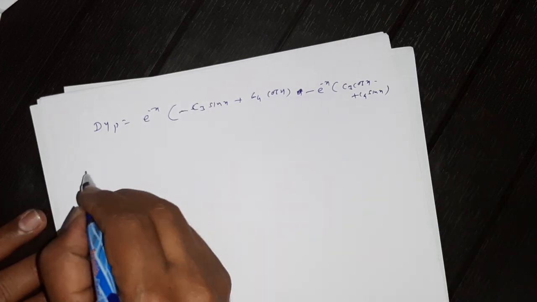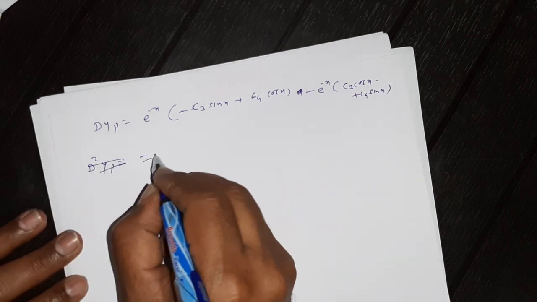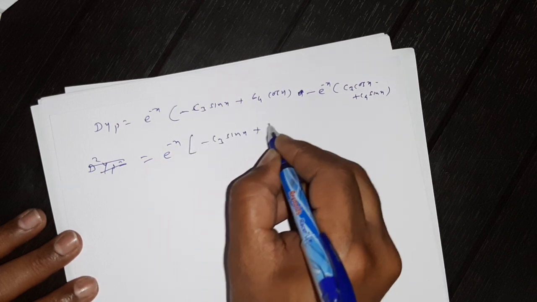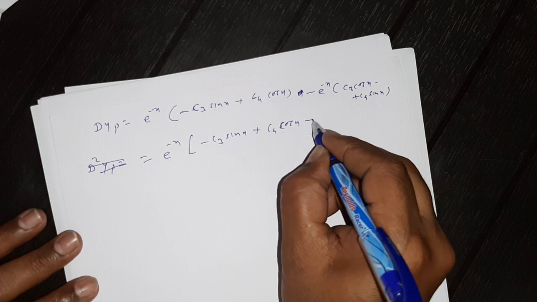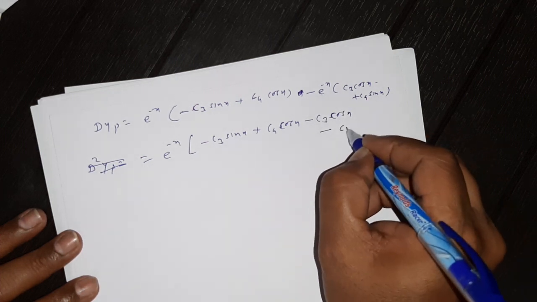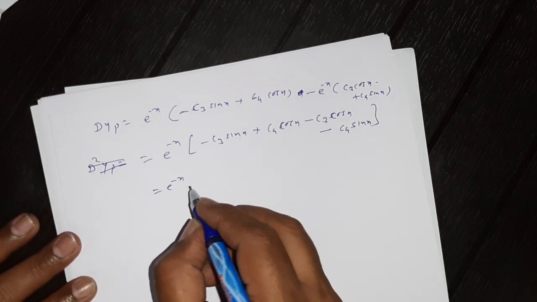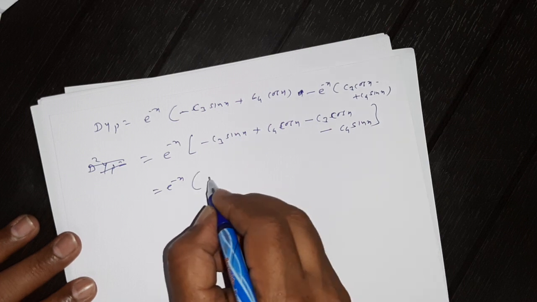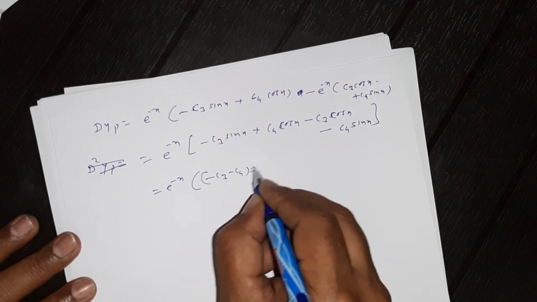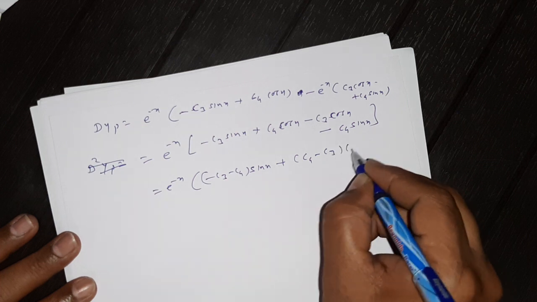Simplifying, e raised to minus x is constant: minus c3 sin x plus c4 cos x minus c3 cos x minus c4 sin x. That is, e raised to minus x ((minus c3 minus c4) sin x plus (c4 minus c3) cos x).